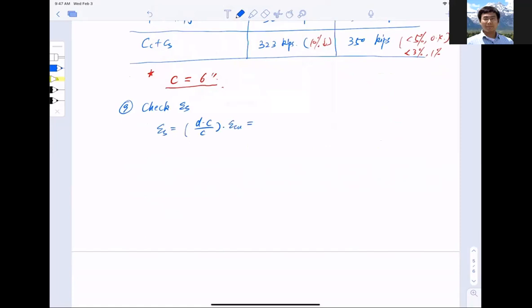And now this is ds again, sorry about that. And this is ds, 16.8 inch minus c, 6 inch, divided by c, 6 inch, and multiplied by 0.003. And this is 0.0054, which is bigger than epsilon y, and in case you forgot, epsilon y equals 0.00207. So this is good, yielded.